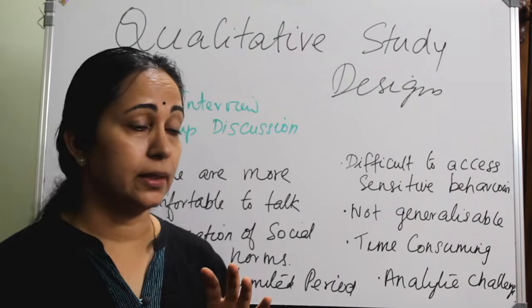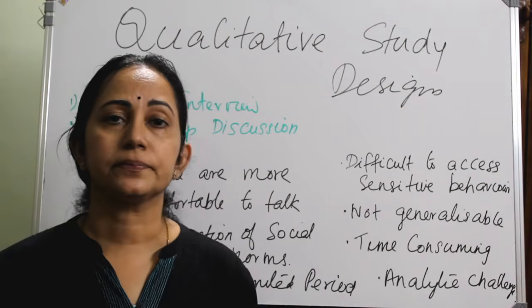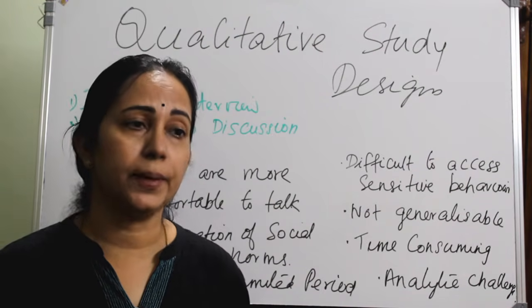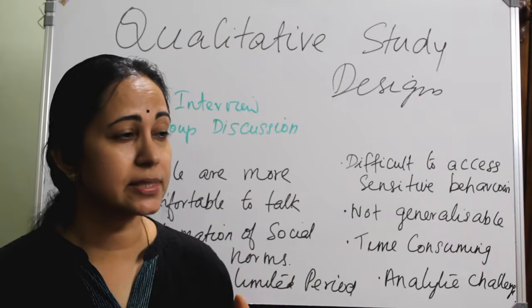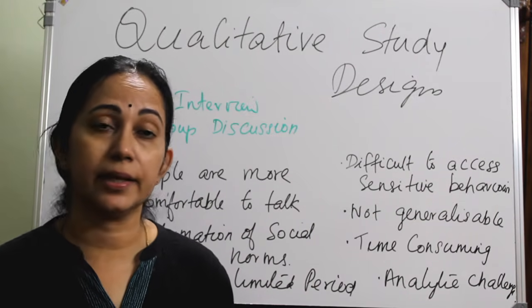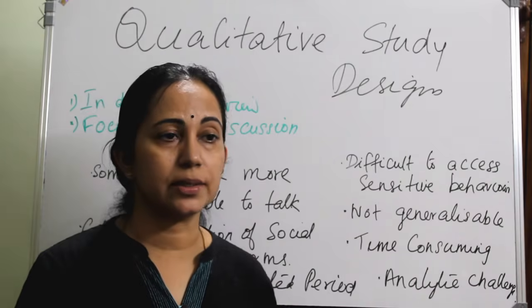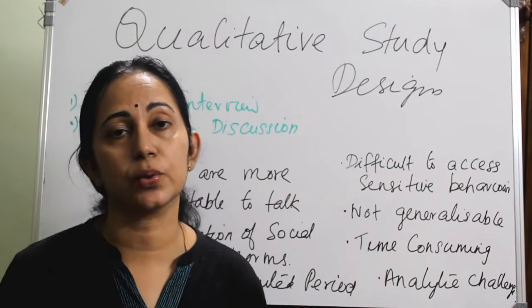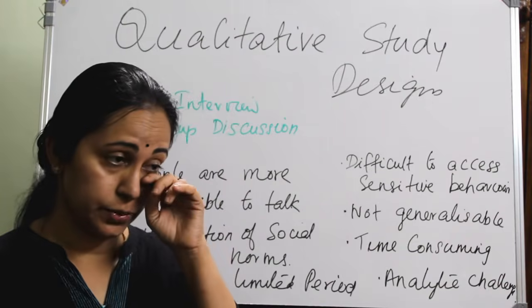By doing a focus group discussion, we can get a common opinion, and also certain sensitive ideas can be generated. Idea generation is there, and also the language or certain common terminologies can be generated by doing these focus group interviews.